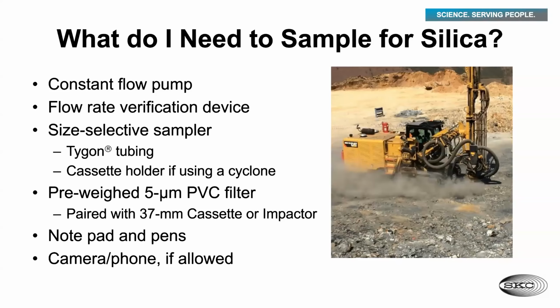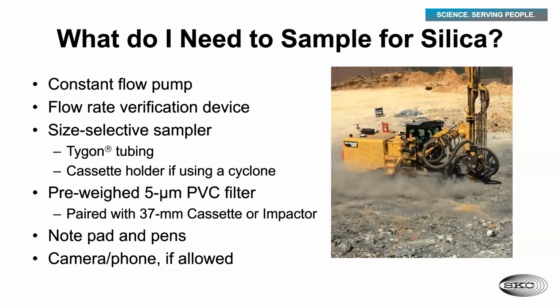So if you send in samples to get analyzed that do not have a pre-weight on them, they can't tell you how much the sample weighed. They can't tell you what percentage of silica it is. All they can tell you is how much silica is on the filter, and that is it. So again, please, please, please use pre-weighed cassettes for any respirable dust and silica type of sampling.